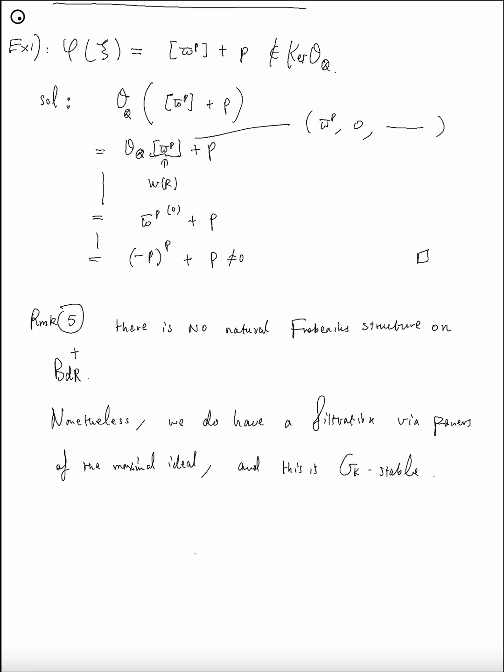So let me just summarize: to put Fil^i of B_dR, B_dR will have inverted t.